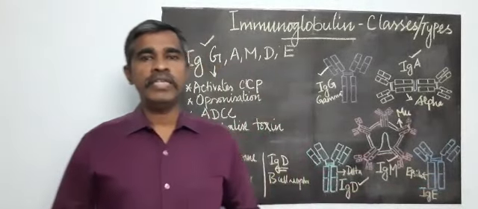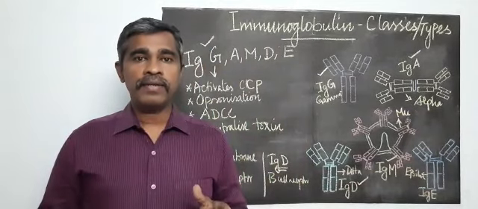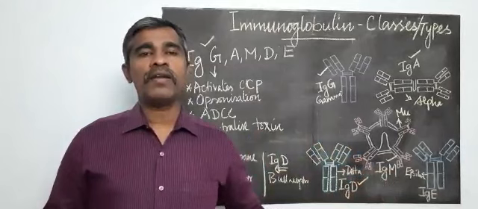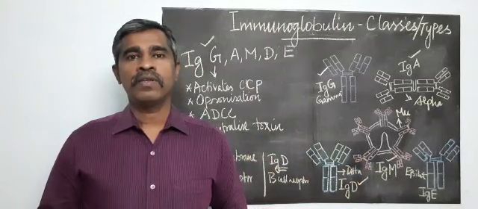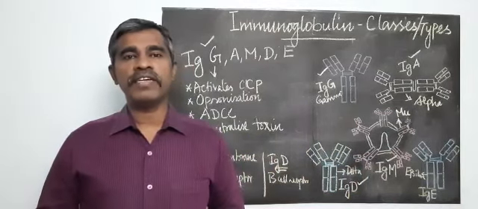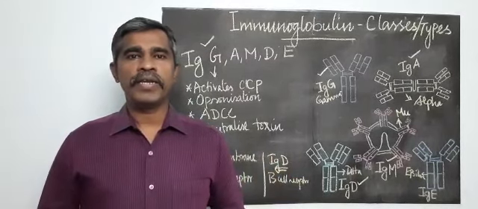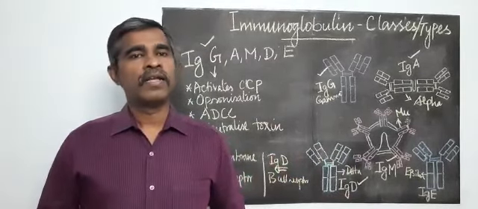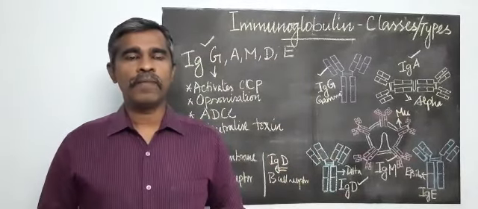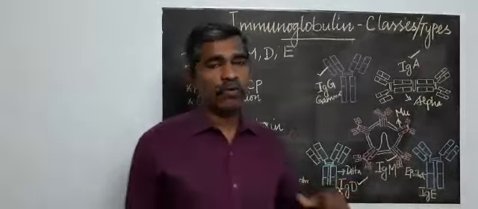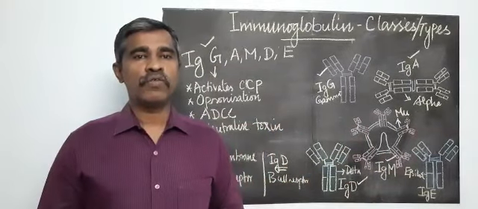IgE is a very important immunoglobulin molecule that gives immunity against parasites, especially the protozoan as well as the helminth parasites. Any protozoan parasite, whether it is Entamoeba histolytica or the malarial parasite, or the helminth worms, Ascaris or tapeworm. So it gives immunity to these helminth worms as well as the protozoan parasites.